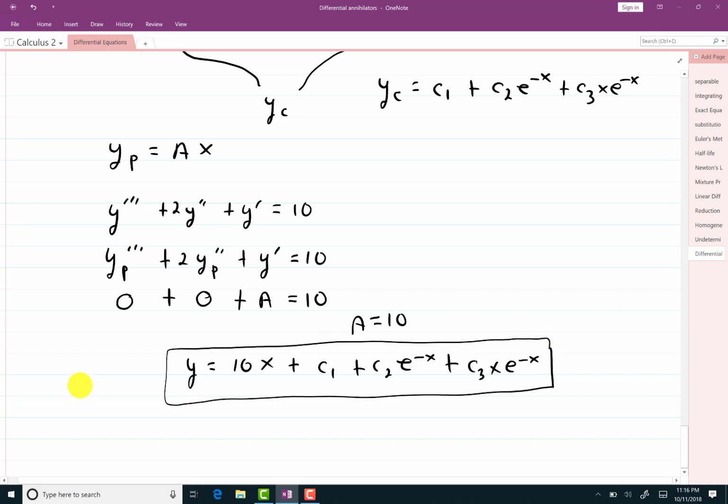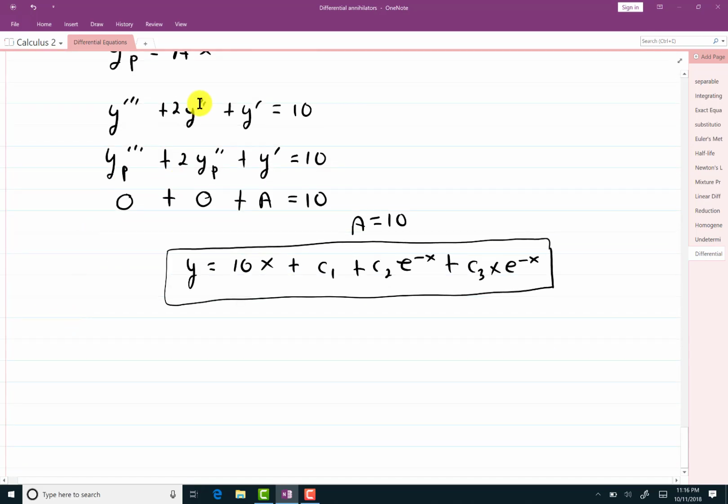Now, as a side note, I'll be honest with you, I don't like this. This is not my favorite method anyways, but the one thing that I can tell you right now is I could see just by taking 10x in my mind and taking its derivative, I'll have arrived at 10. So I knew 10x before I did any of this business.